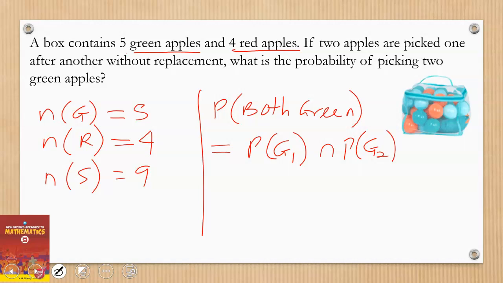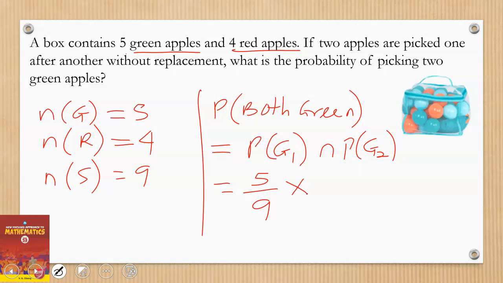Okay, now because the events are dependent, the chance of picking the first one will affect the chance of picking the second one. So the chance of picking the first one to be green, since we have 5 green balls, is going to be 5 divided by the sample space, which is 9, times... now I have picked the first one and I pick green.